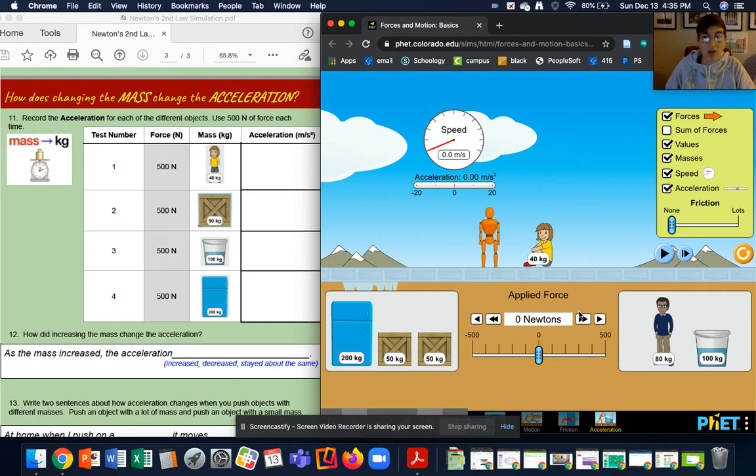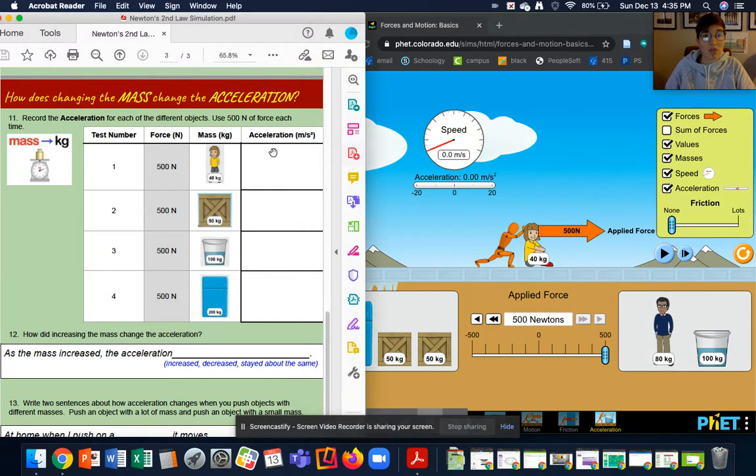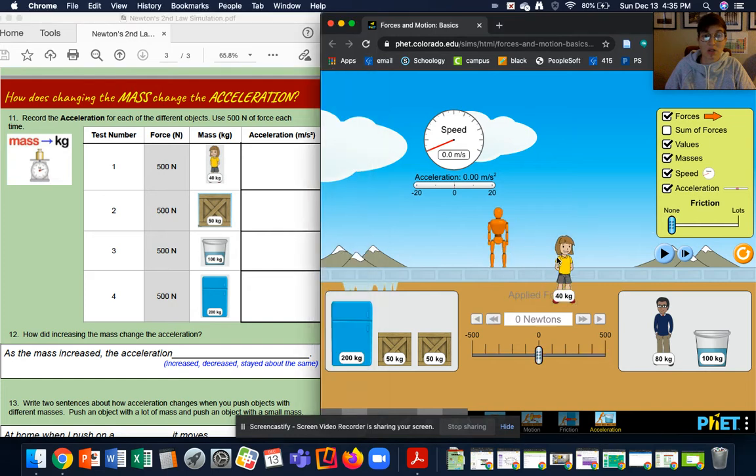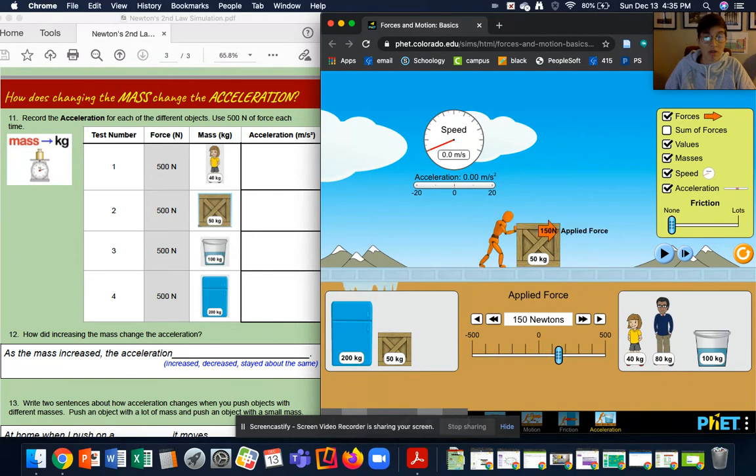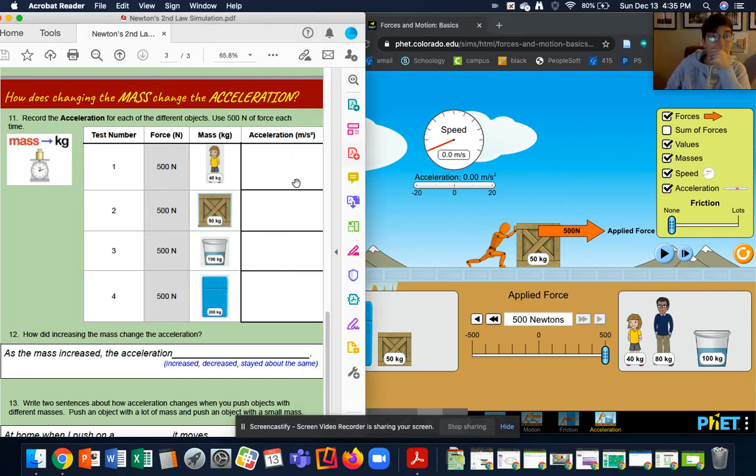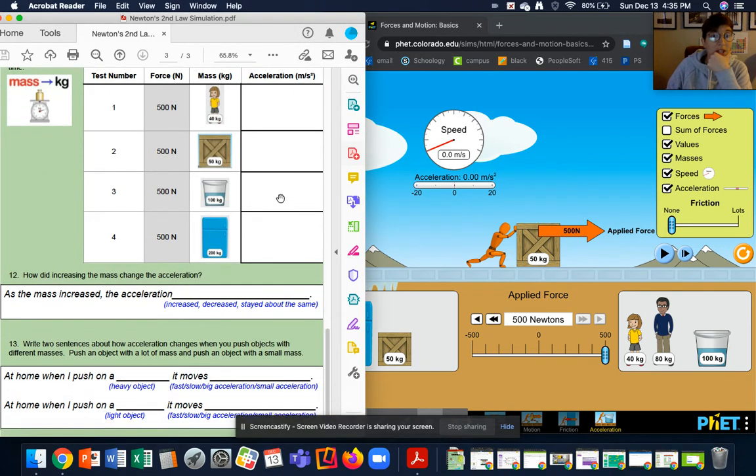They're 40 kilograms. They're going to sit. Okay, so we go all the way up to 500 newtons, and you're going to press play and see what your acceleration is. This acceleration number you're going to write into this box here. Then when you're done, hit pause, and you're going to switch out the person for the box. Go up to 500 newtons again, and hit play and see what acceleration does. And you'll fill in this whole table. All right, so you want to pause and do that.